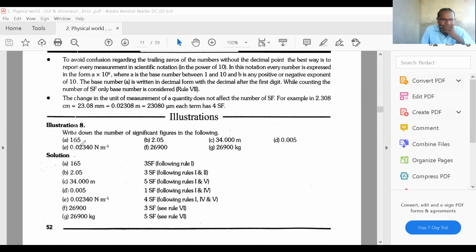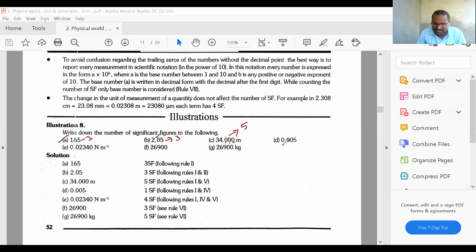Some small questions are there. In this, how many significant figures are there? 3. In this, again 3, because this 0 is a significant figure since it is present between 2 non-zero digits. Next, in this, how many significant figures? 5 are there. Why? Because these are trailing zeros in a number which has a decimal point, so these trailing zeros are considered significant figures.